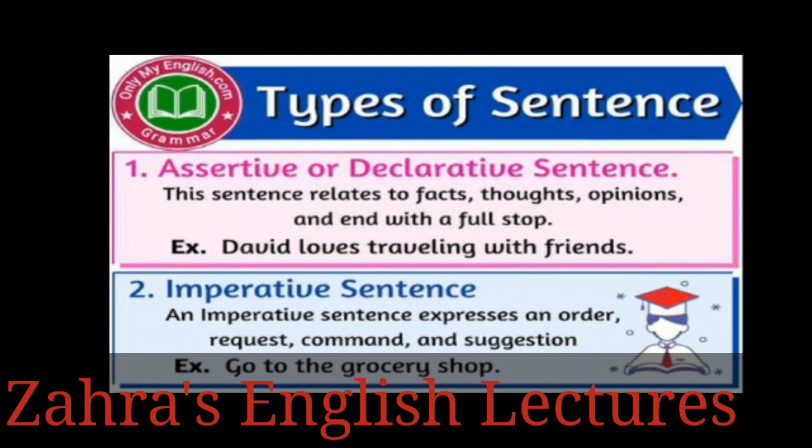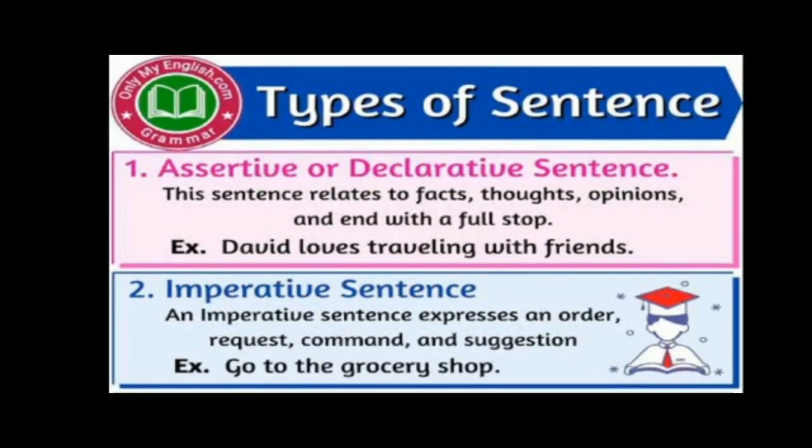For example, if you're searching for something and your neighbor suggests that you will find this particular thing in the grocery shop, he or she can say, go to the grocery shop. Now, this is a suggestion, this is advice, this is not an order. But if somebody says, go to the grocery shop right now, with a very serious tone, that means that's a command, that's an order. And if the same sentence is said, go to the grocery shop please, that becomes a request.